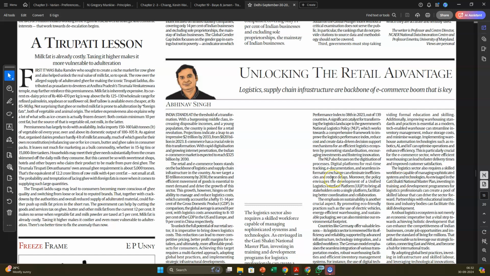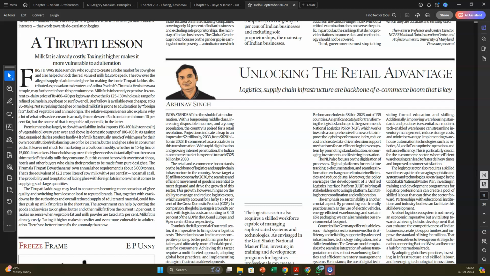Then, unlocking the retail advantage. Now this particular article basically talks about the fact that India is going to be the next retail boom. The e-commerce sector is going to grow quite fast, and it's going to become a $2 trillion sector by 2023. It's right now around 820 billion dollars.